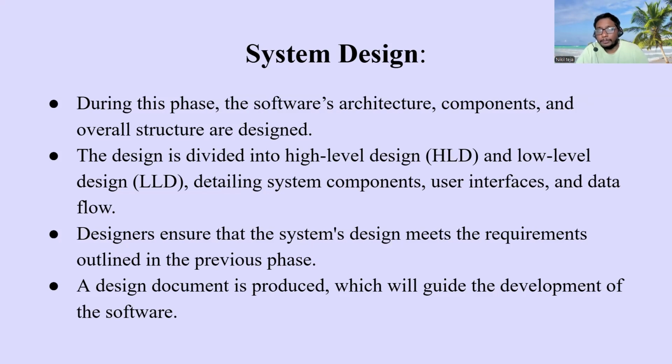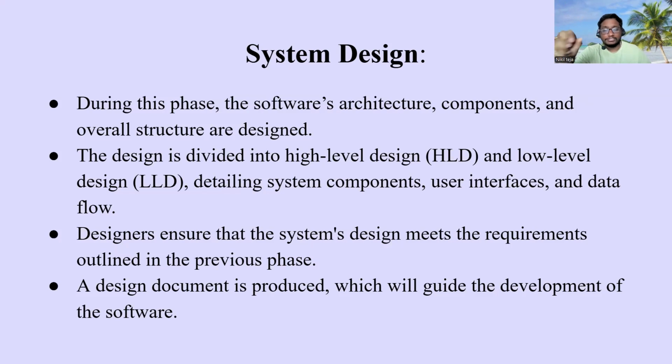They have to make the design based upon the requirements which are done in the requirement analysis phase. A design document is produced which will guide the development of the software, right? So what you can understand here is, requirements gathering phase is the input for requirement analysis phase.